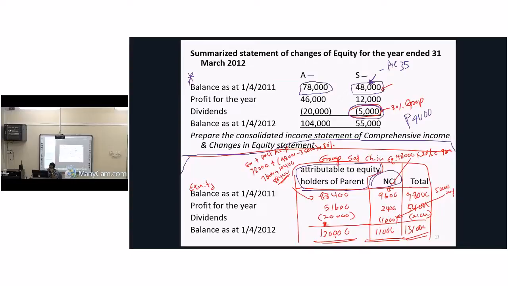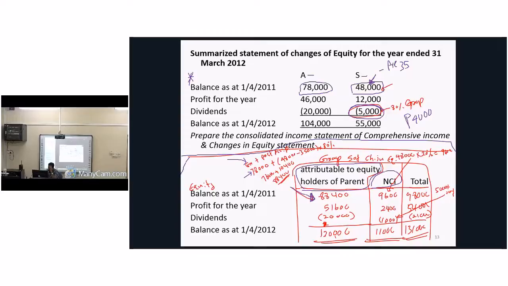Look at the way that I have calculated. How do you calculate equity at the beginning of the year? Again, there is a general formula. The parent's total profit 78,000. Not profit, made a mistake. Total equity. Parent's total equity at the beginning of the year 78,000. It fully belongs to the group, plus post-acquisition equity. What is post-acquisition equity?